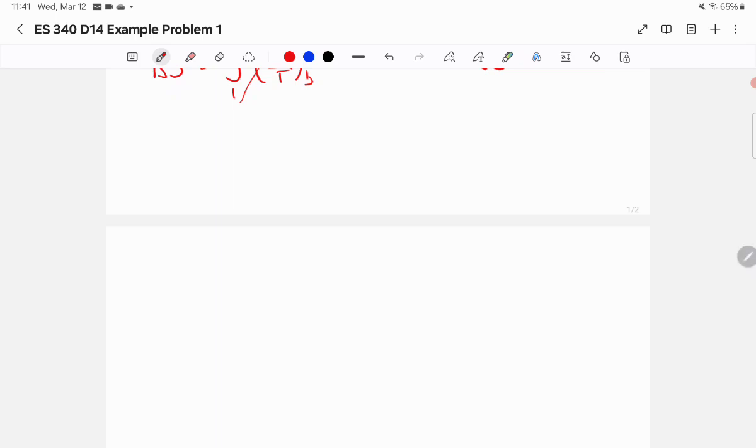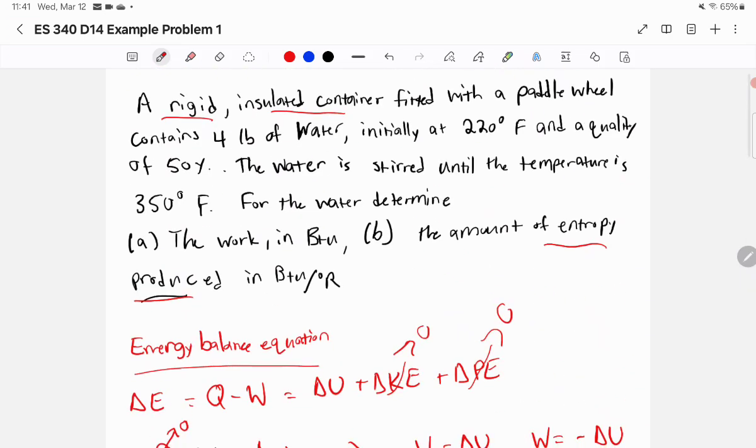So from table A-2E, notice that we have a quality of 50% and a temperature of 220 degrees Fahrenheit, so we can find that value on the table.